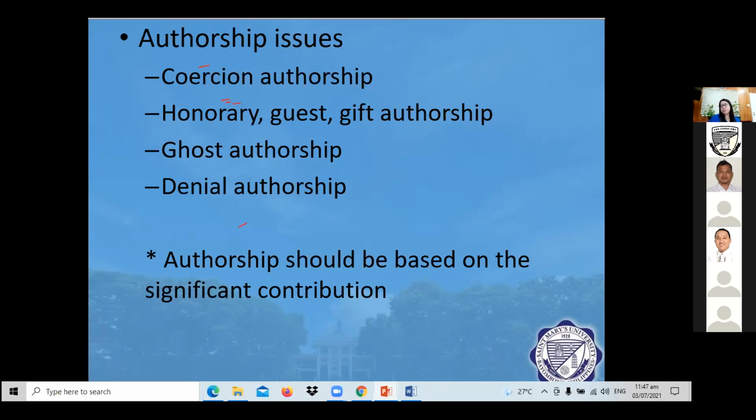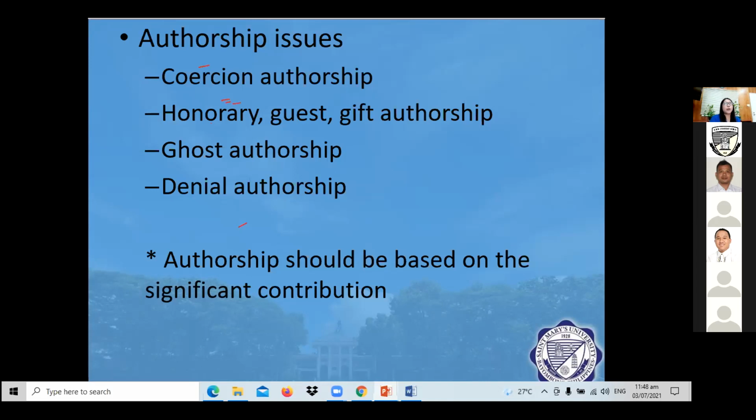And denial authorship. There are times that it's maybe a personal issue, that you are both working on that project, and then when he or she published the paper, you are not included as one of the authors. For some reason, of course, we do not know that, but it happens. Denial authorship: you did not include the real author.